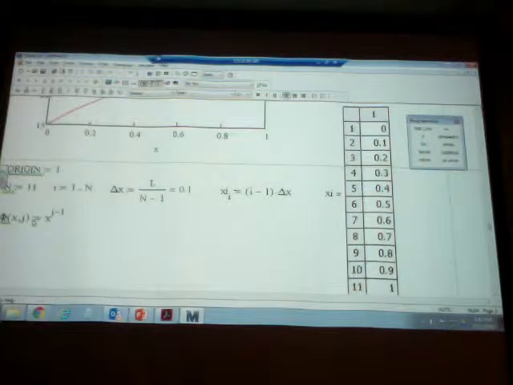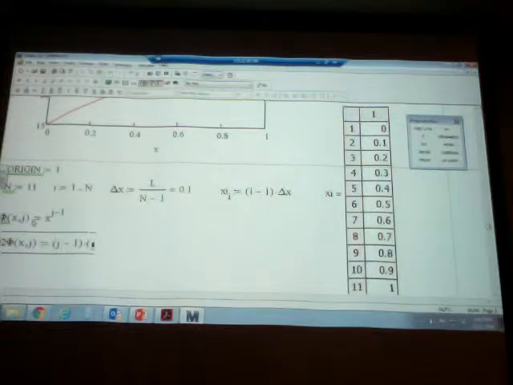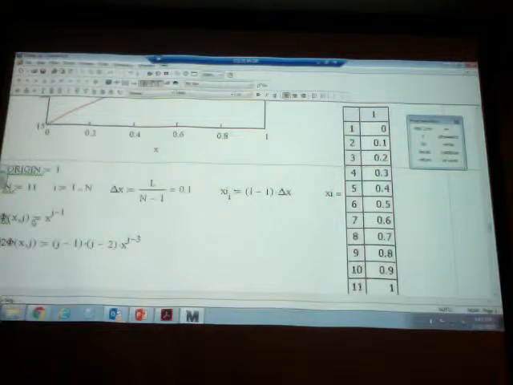Is that clear? The trial function? All right. The other thing we need in the trial function is the second derivative of these, which I'm going to call d2f, also a function of x and a function of j. And we said that was going to be j minus 1 times j minus 2 times x to the power of j minus 3. But that might create a problem.